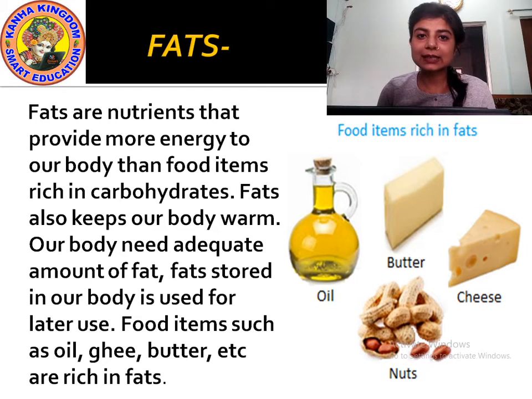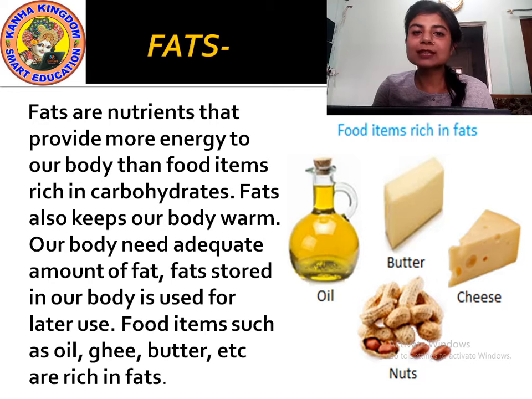We should eat food that contains fat in a limited quantity, and the fat that is stored in our body is used for later use. Suppose we don't eat food for 1 or 2 days, we will not fall ill immediately.